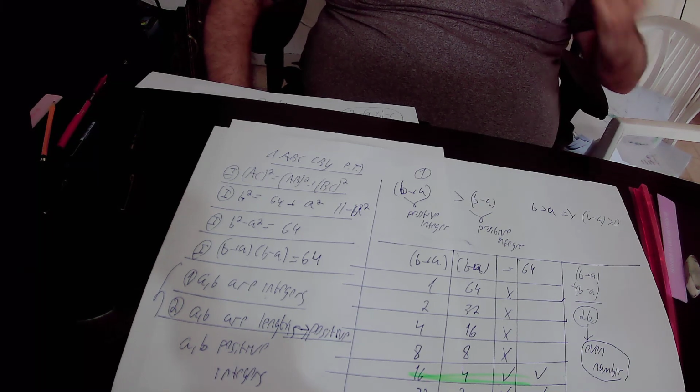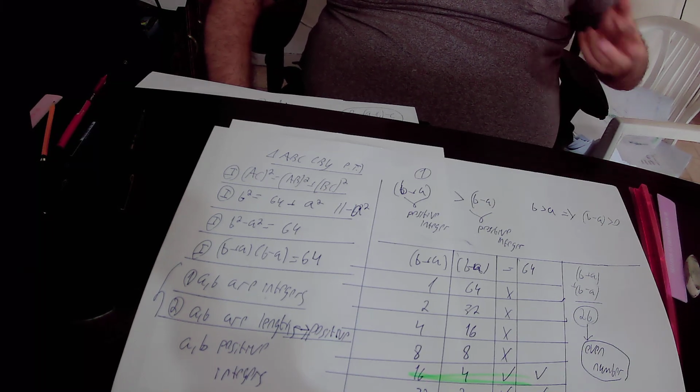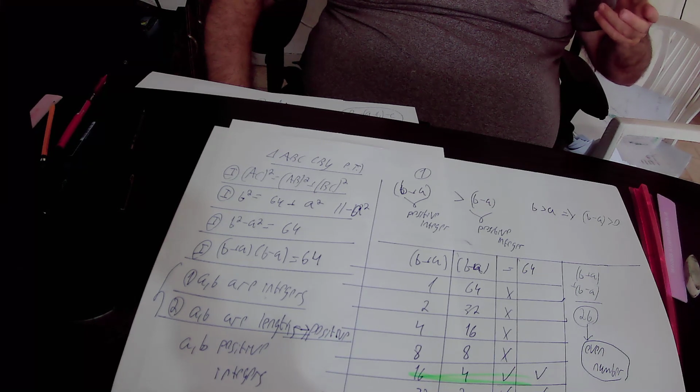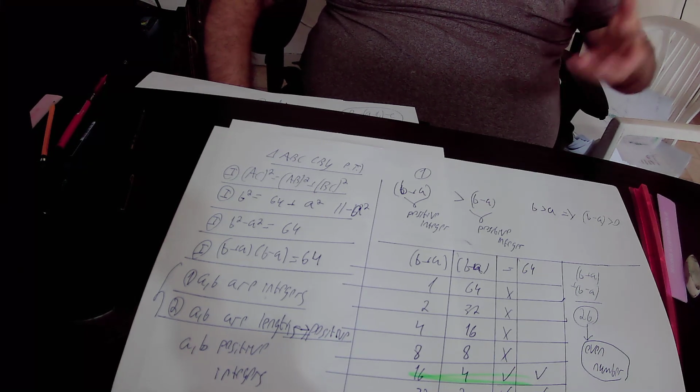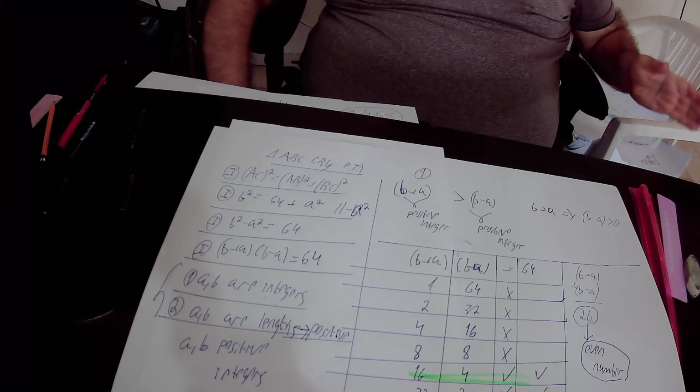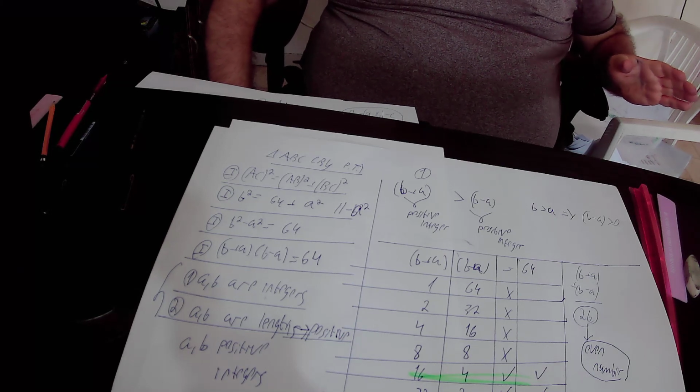When you subtract or add two positive integers together, the result is always an integer.